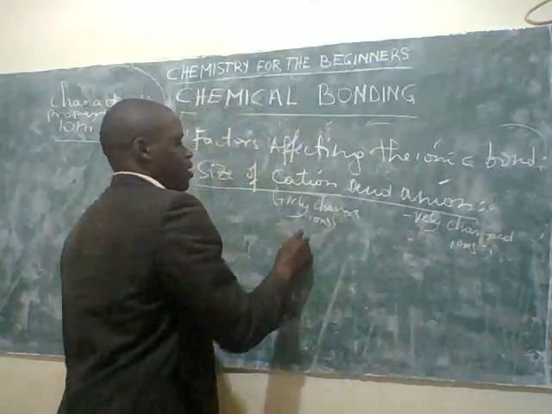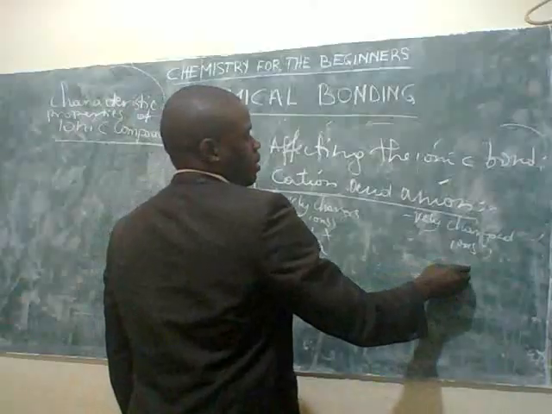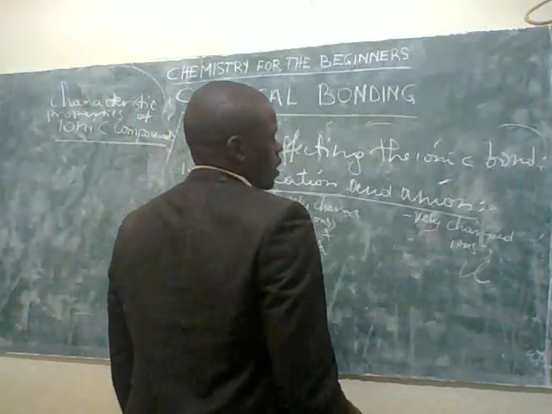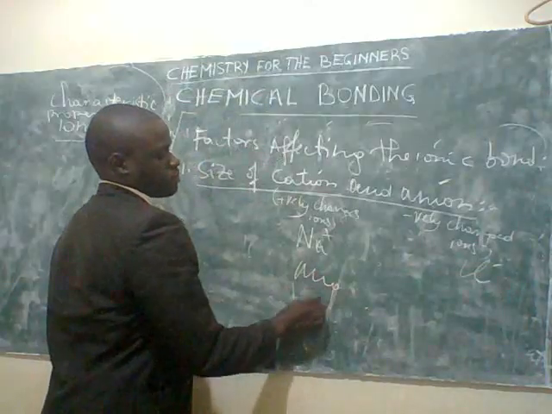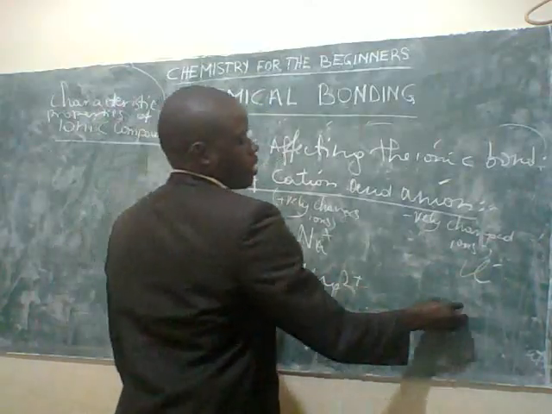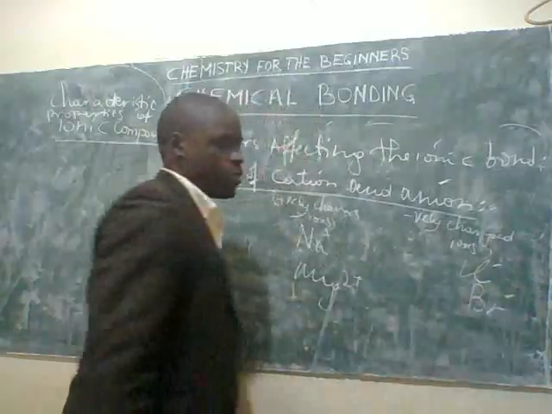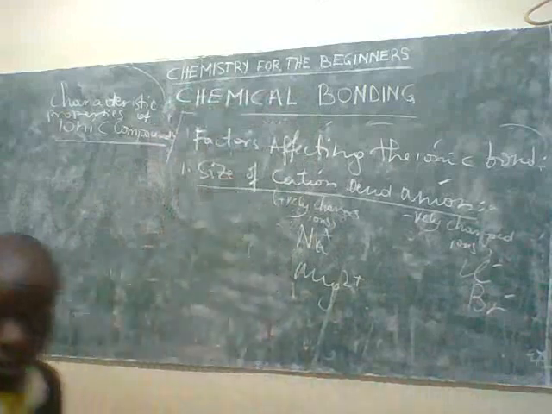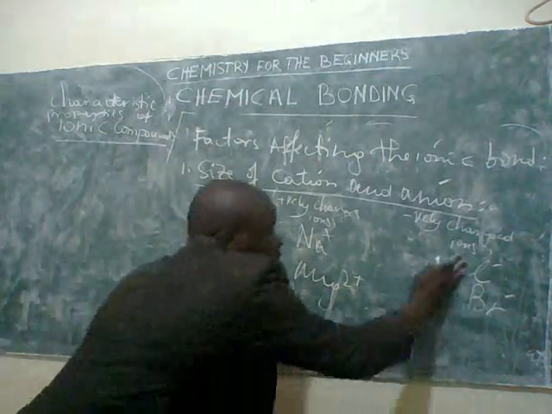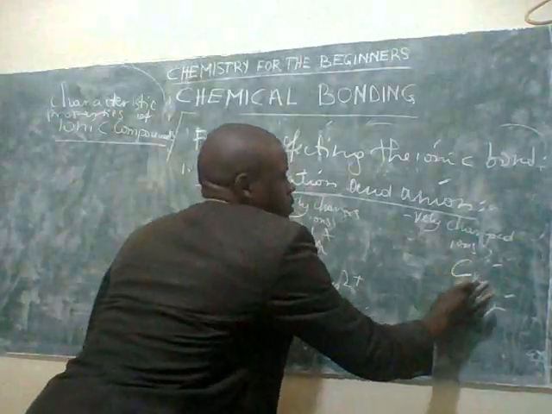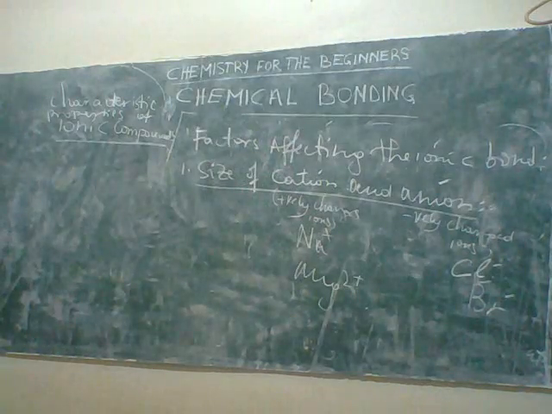For example, sodium and here chlorine minus, magnesium 2 positive, and bromide, and chloride, bromine, like that. These are some examples.